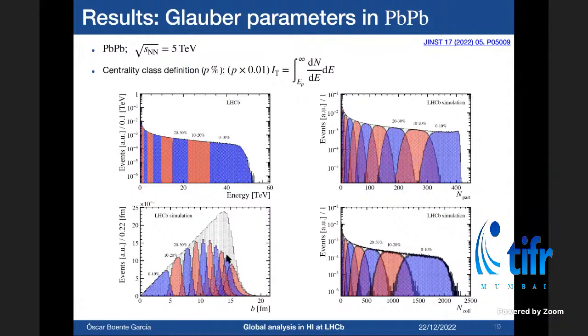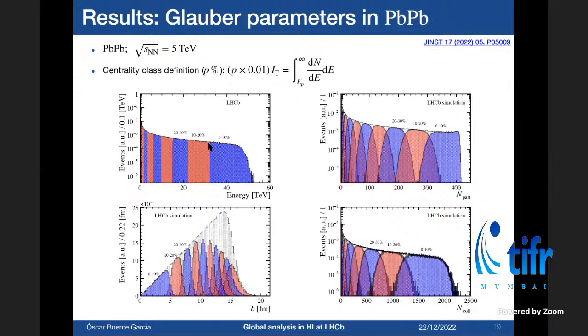But suppose we just define centrality by this upper panel thing, right? Okay, the top 10% multiplicity is my 0 to 10%. Now theorists will figure out what the event is, how it looks, right?